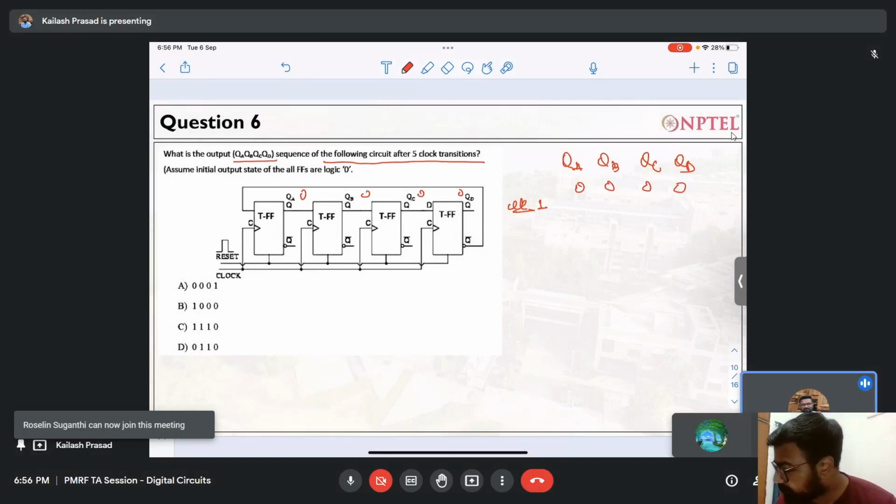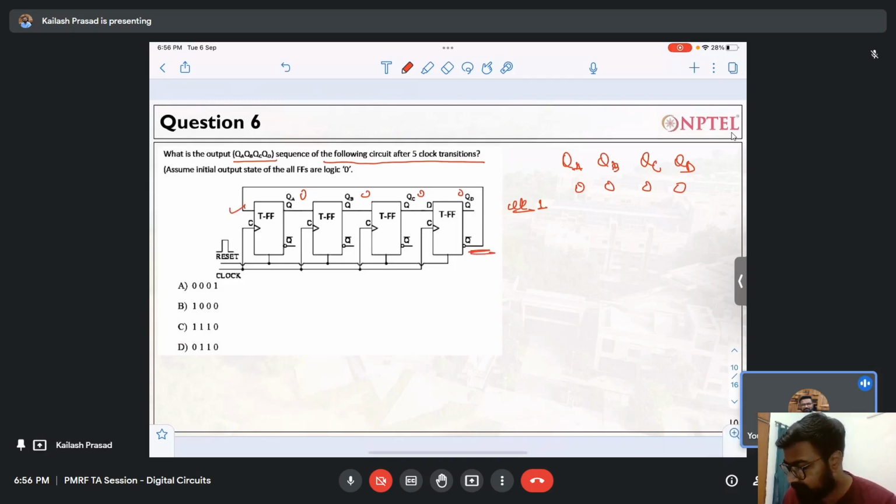Quickly, I'll do it for you. This node is connected to Q bar, so it means 1 is here. As this node will go to 1, this node will flip from 0 to 1.